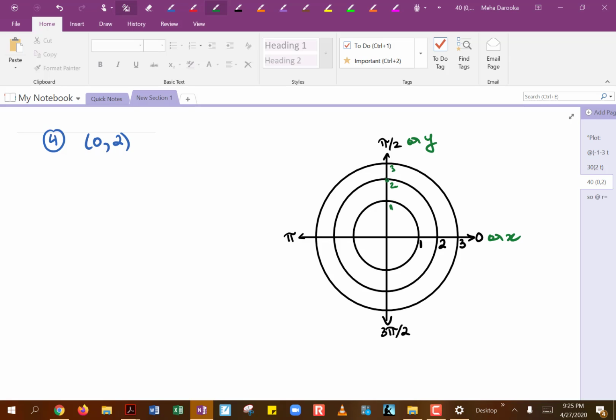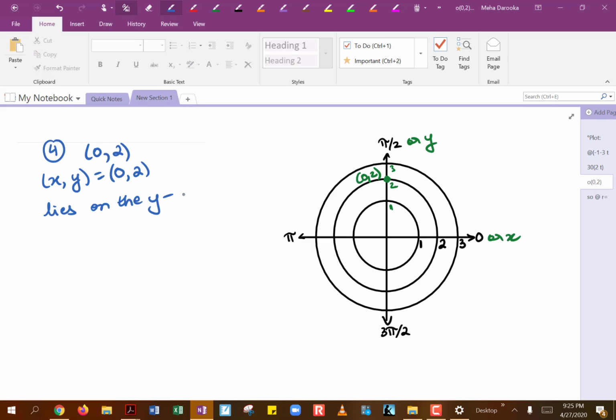So 0, 2 would be this point right over here, and we want to know what its polar coordinates are. So we are given x comma y as 0 comma 2, and of course this lies directly on the y-axis.